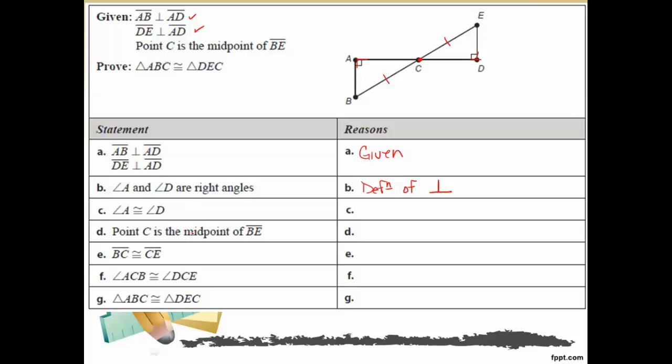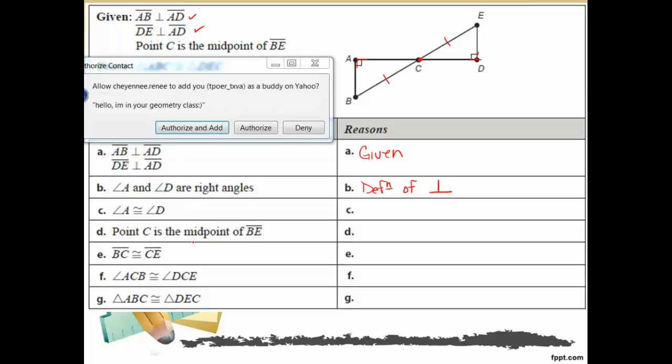Okay? And remember that definition? It says when two lines intersect each other to form right angles, then they are perpendicular. So if I use the converse of that definition, I say if two lines are perpendicular, then they intersect to form right angles. Okay?